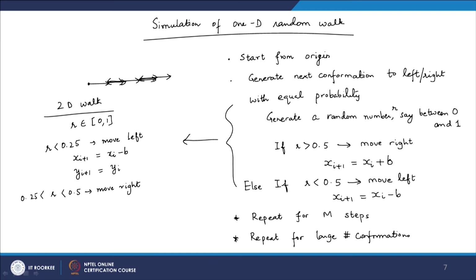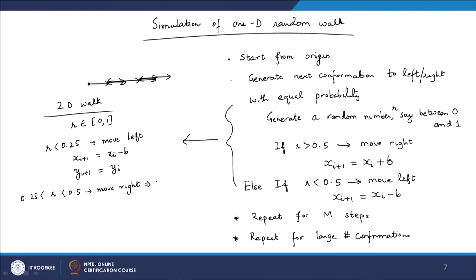The reason I am doing this is it is equally probable for r to be between 0 to 0.25 and 0.25 to 0.5. This will happen with a probability of 1 by 4, and in that case we do x_{i+1} = x_i + b, and y_{i+1} = y_i.